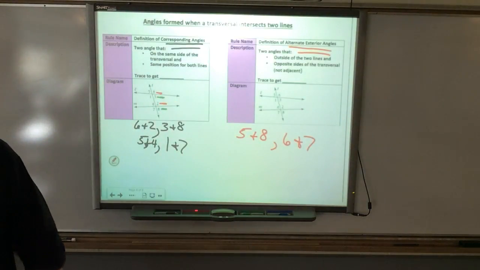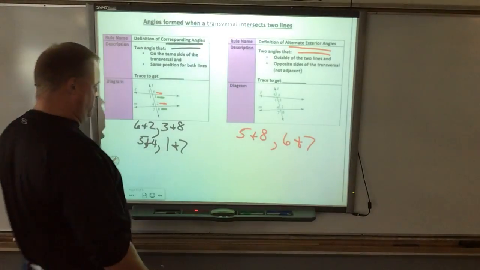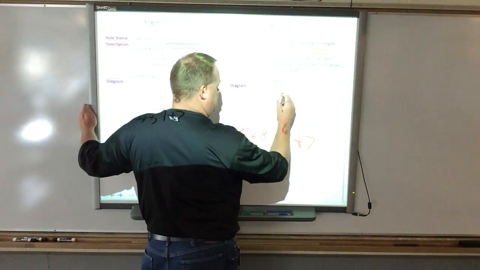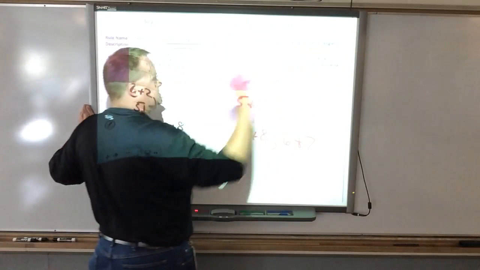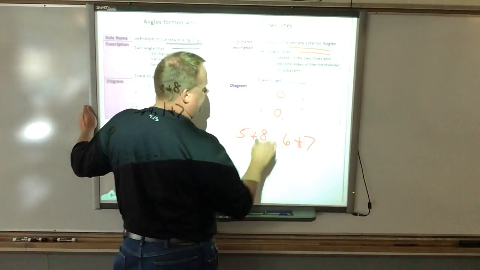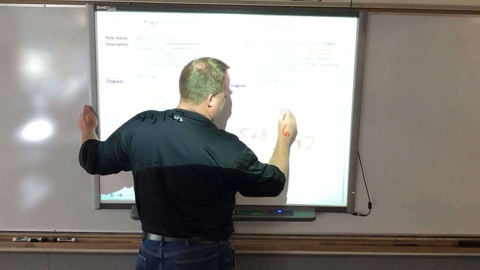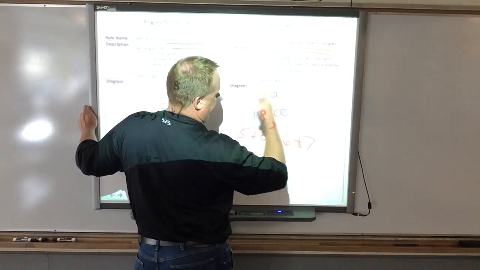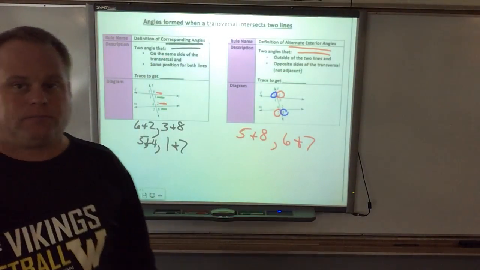If I circle them: outside, outside, opposite sides. 5 and 8, outside, outside, and they are on the opposite sides of the transversal. All right.